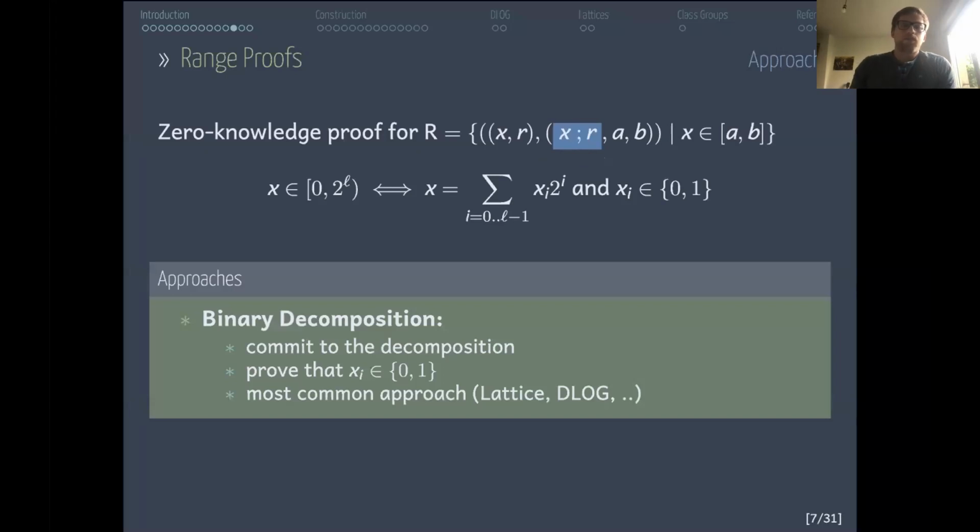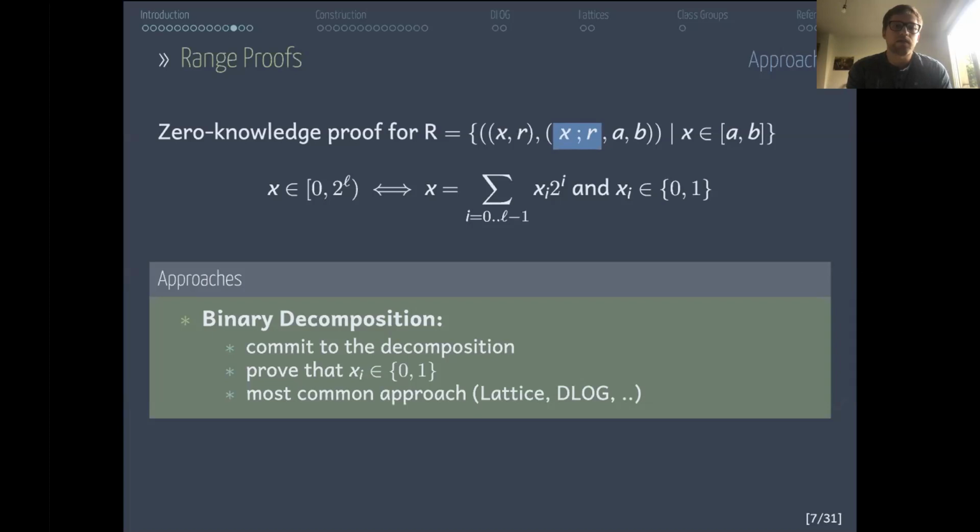The first approach on how to construct this is probably also the most common approach in literature. What we do is we decompose X into its binary digits, and then we can show that X is in [0, 2^L) if X is equal to the binary composition, and all the Xi's, the bits of the decomposition, are actually in {0, 1}, so they are actually bits. This way we can only represent values from 0 to 2^L.